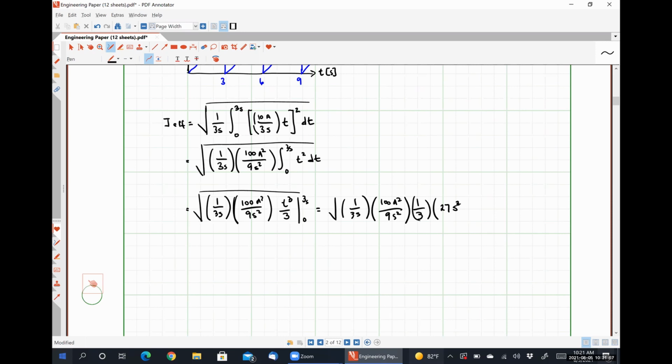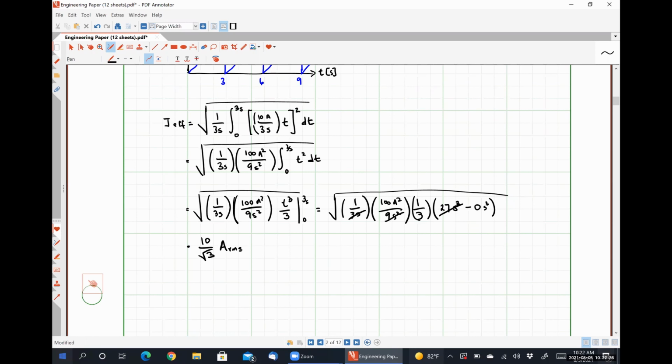And then when we evaluate it at t equal to 0 seconds, that'll be minus 0 seconds cubed. And so this 3 seconds here multiplied by this 9 seconds here cancels out this 27 seconds cubed here, leaving us with 10 over the square root of 3 amps RMS.